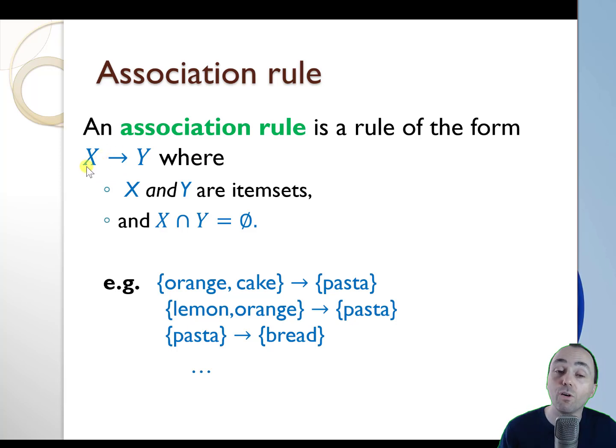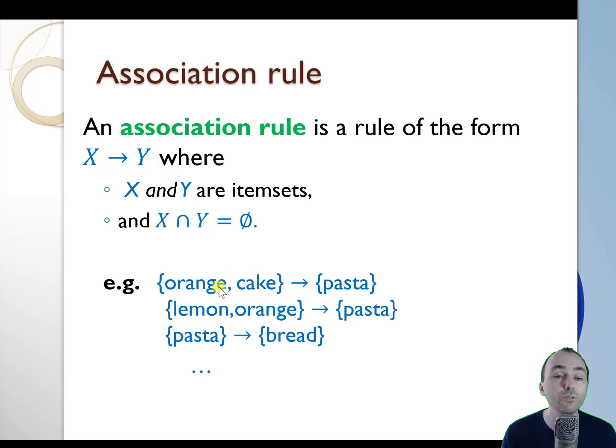It will have this form, X imply Y. That means, for example, if you buy some set of products X, you will buy some other products Y. So X and Y are item sets, sets of items or products. And we have one restriction: X and Y must be disjoint, so they cannot contain the same items. And X must not be empty and Y should not be empty either.